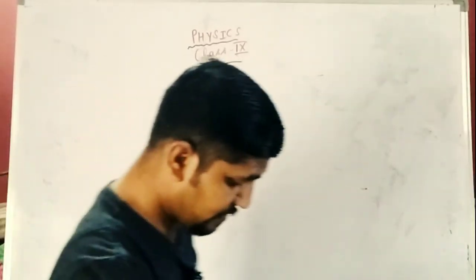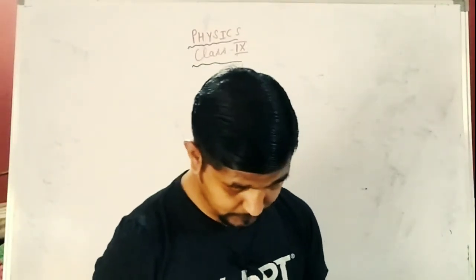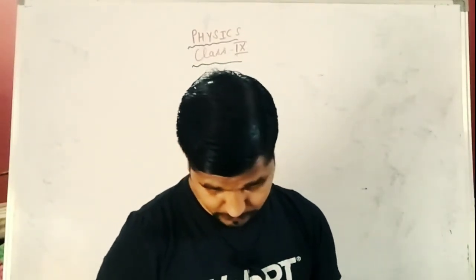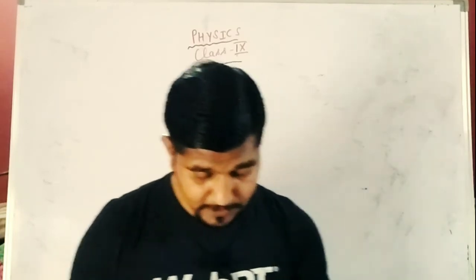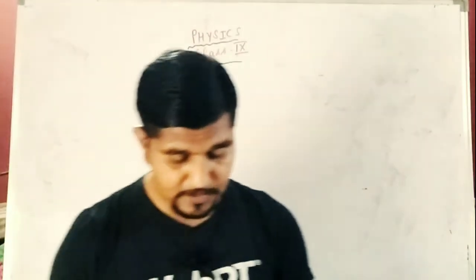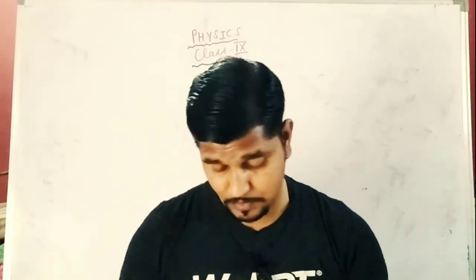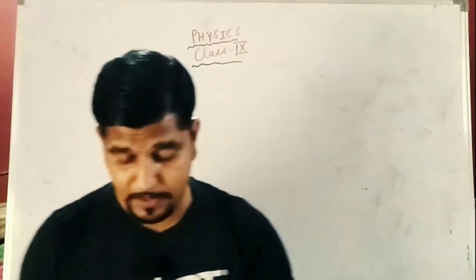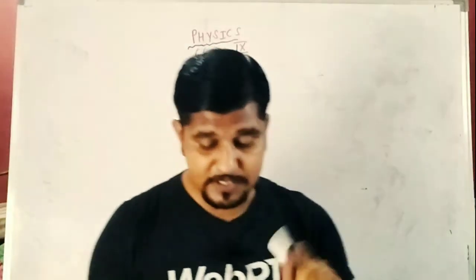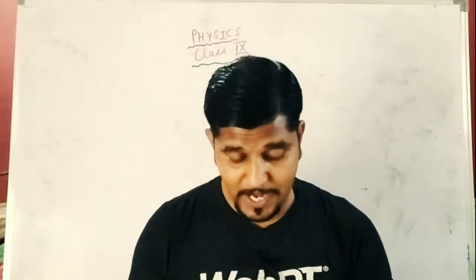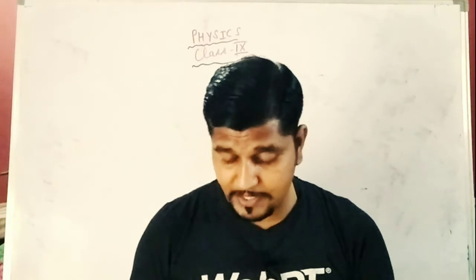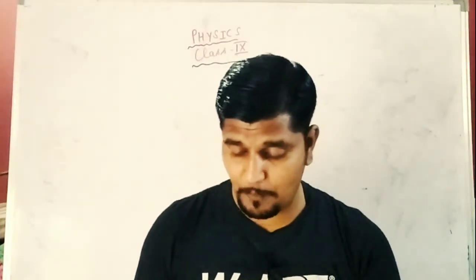So the question is that a particle is moving and the position of the particle is given by the equation y is equal to a sine kx minus omega t.